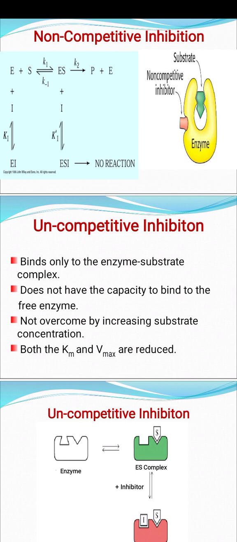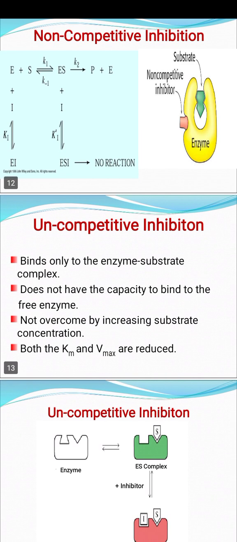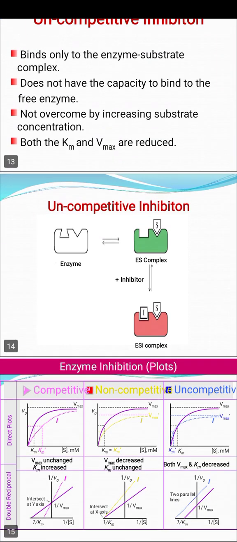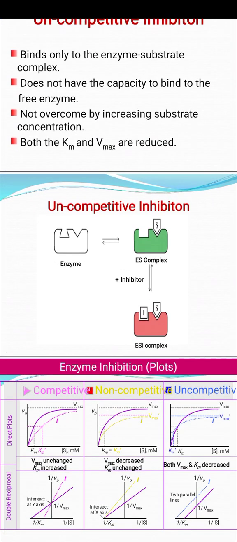The degree of inhibition may increase when the substrate concentration is increased. Right? It is not overcome by increasing the substrate concentration. Both Km and Vmax are reduced. Uncompetitive inhibitor binds only the enzyme-substrate complex and does not have the capacity to bind to the free enzyme. You understand that? See the difference between competitive, non-competitive and uncompetitive inhibitor plots in these graphs. Okay.